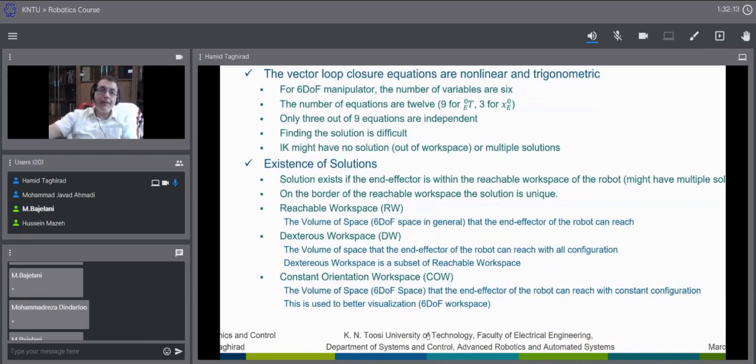We want to have this perpendicular. You know, we don't want to have angular. If we have angular, this would be dexterous workspace. But we need to be perpendicular so that this water doesn't make a mess of all my stuff. I have done it just to remind you that this is the problem.